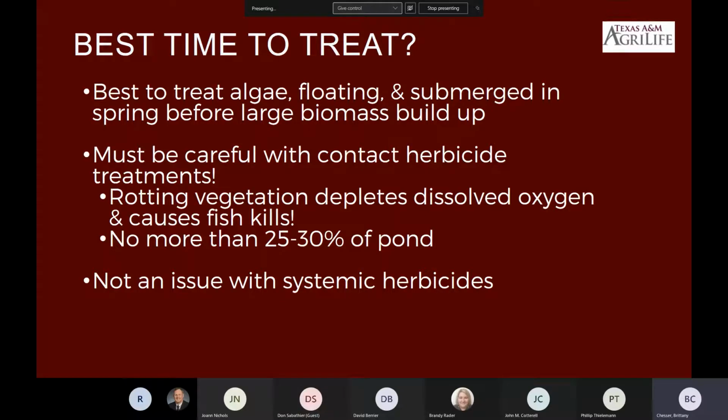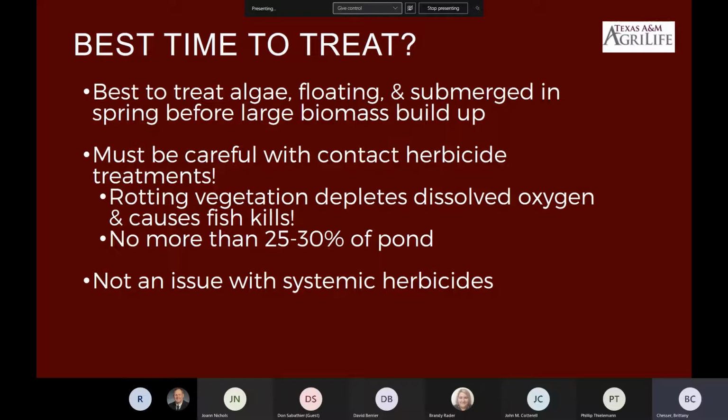If you are treating with a contact herbicide, you should be applying them in sections of no more than 25 to 30% of the pond area at a time, then wait a period of 10 to 14 days before moving on to the next section. And just keep in mind, like I've been mentioning, spot treatments will typically be necessary.